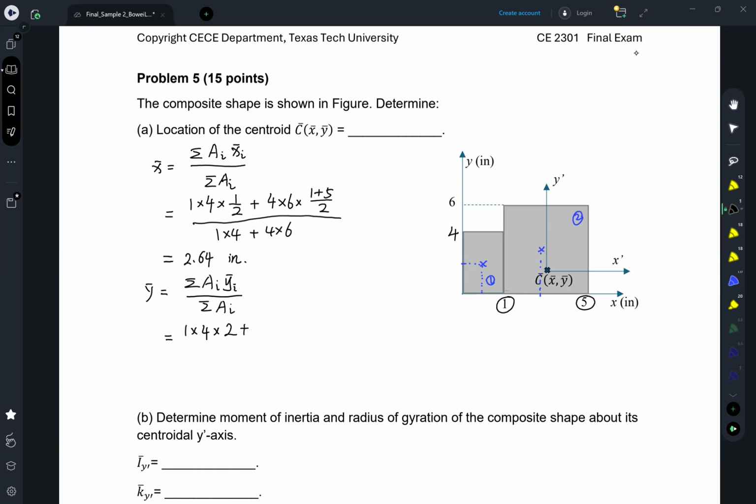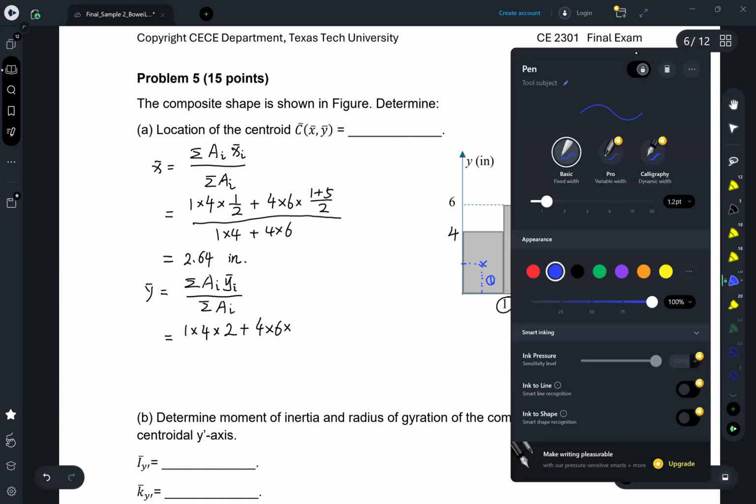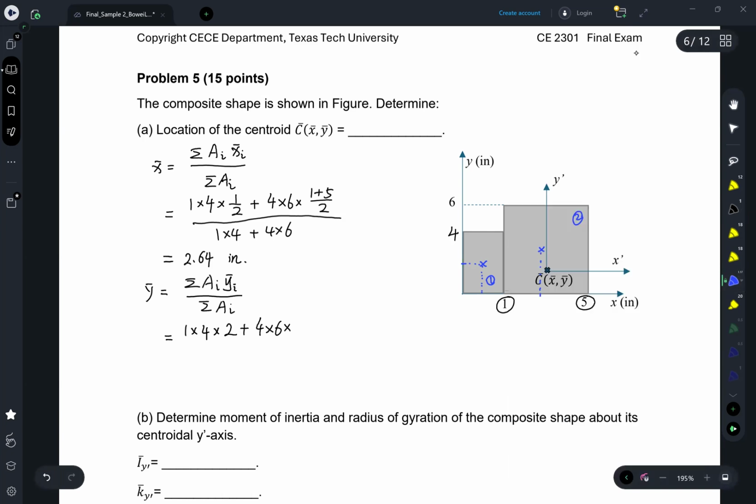And for the second area, the area is 4 times 6, the same as previous. The y coordinate of the centroid is again half of the total height, which is actually 3, right? Okay, which is the 3 here.